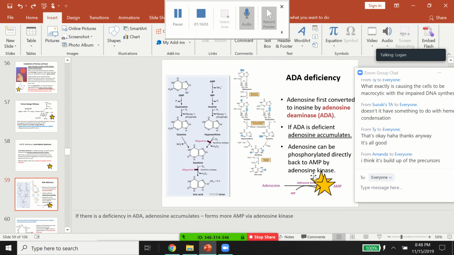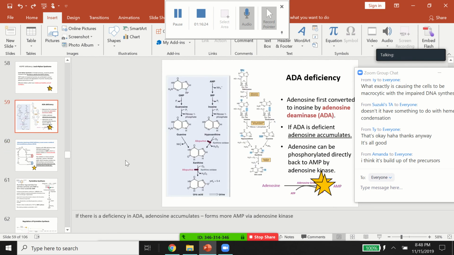You remember how I said ADA is for this IMP to inosine step? It's able to go backwards, from that to AMP via adenosine kinase, if you have a deficiency.